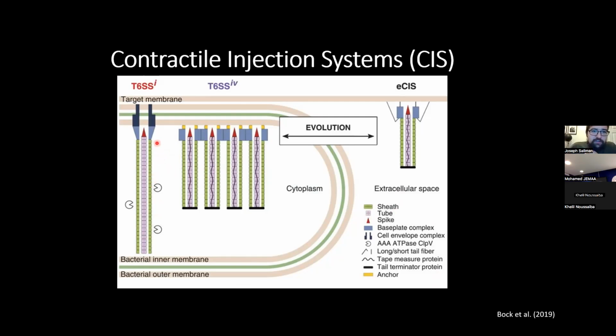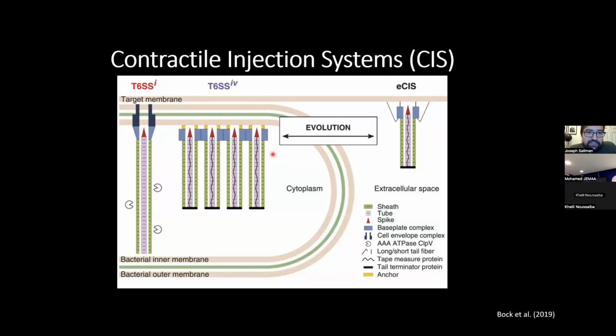You can see on the outside you have the sheath, and on the inside you have the tube, and then you have this little spike at the top. And then usually there's some sort of membrane spanning complex that helps this tube cross the border of the membrane.